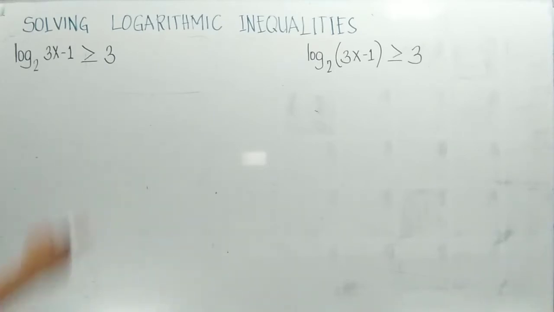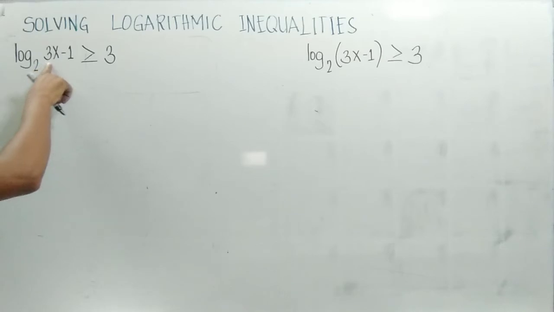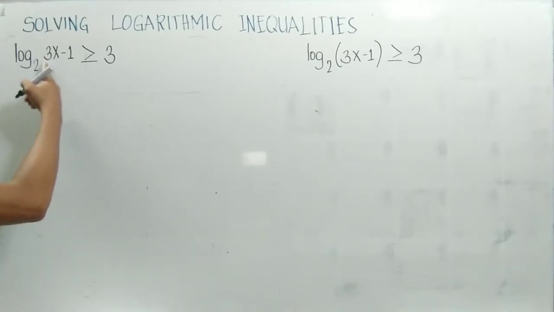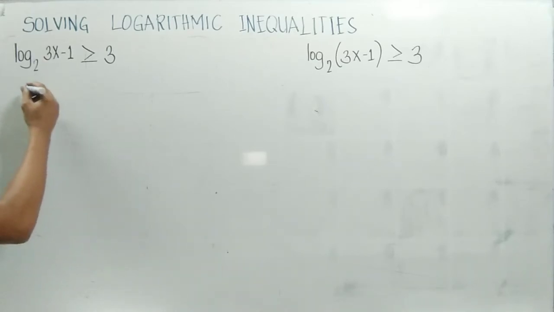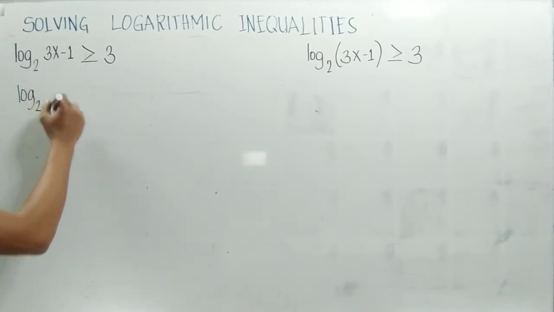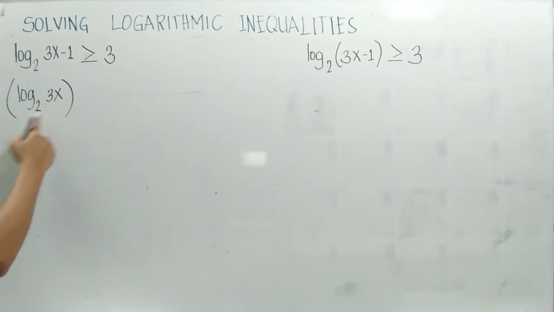Okay? So first, let us be sure that the logarithm of this number is greater than 0. So we have this thing. To simplify this one, it is just like the log of 3x base 2 minus 1.